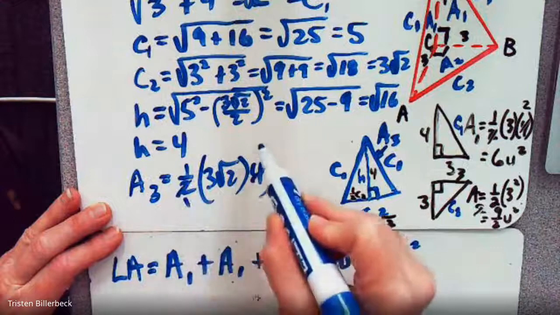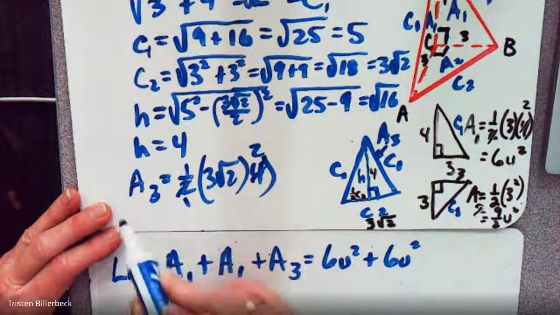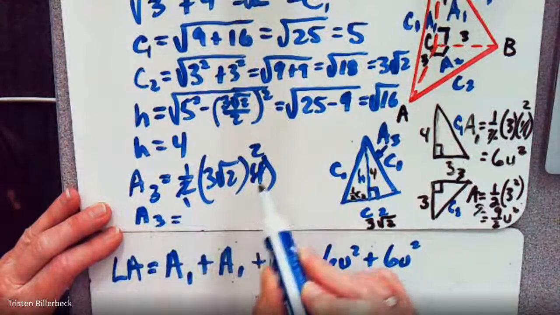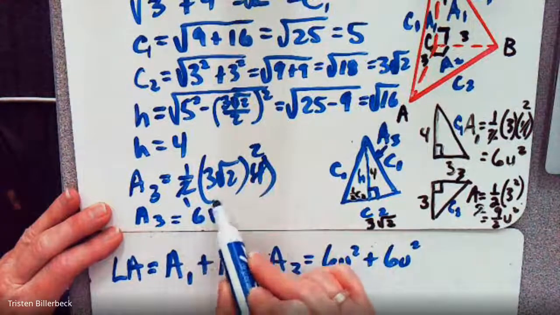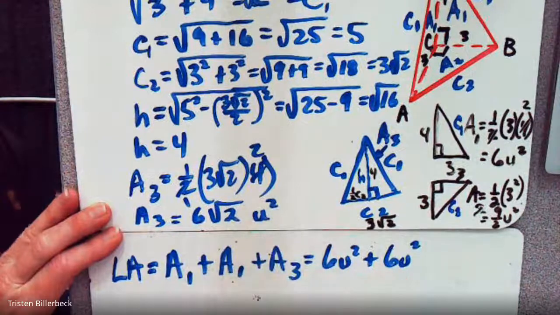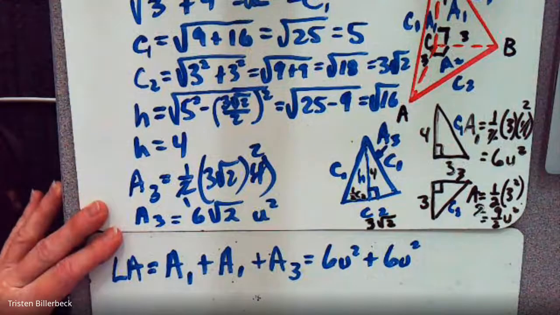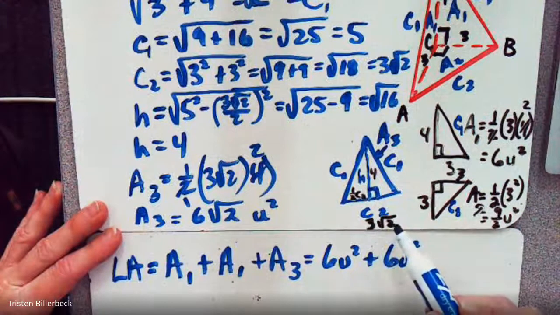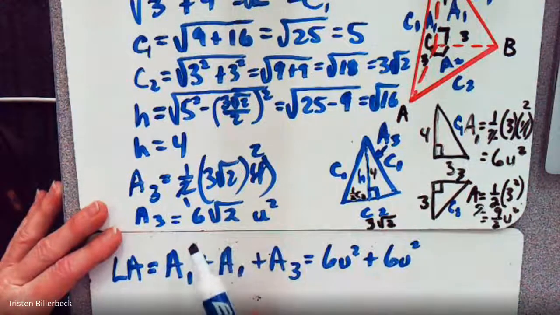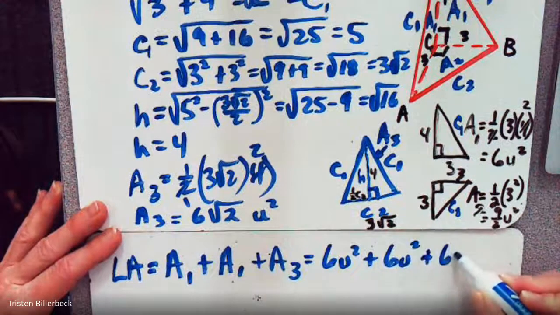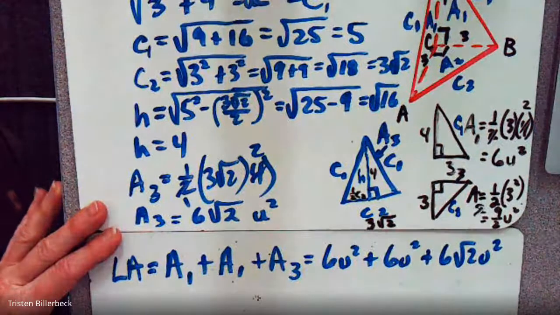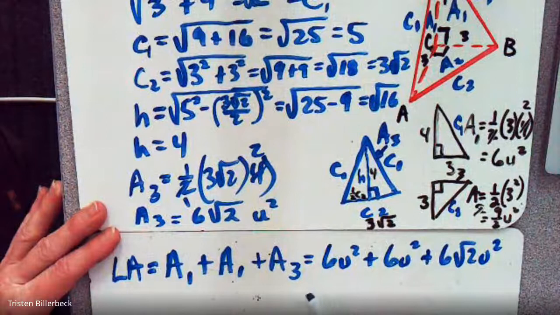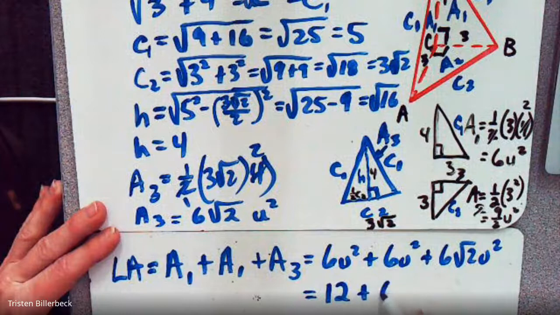Okay, so area 3 then equals 6 square root 2 units squared. Our base was 3 square root 2, the height was 4, so that's 12 square root 2, and then half of that is 6 square root 2. So plus 6 square root 2 units squared. Okay, so then our lateral area is 12 plus 6 square root 2 units squared.